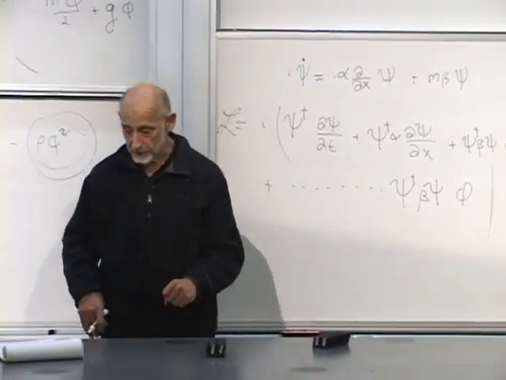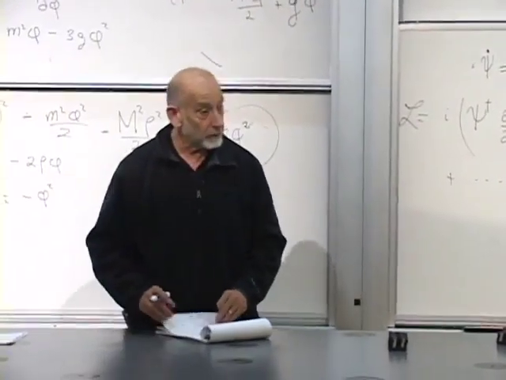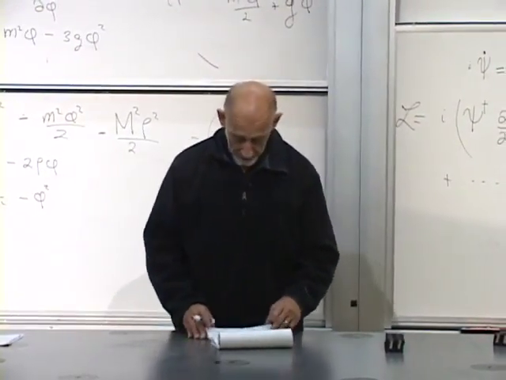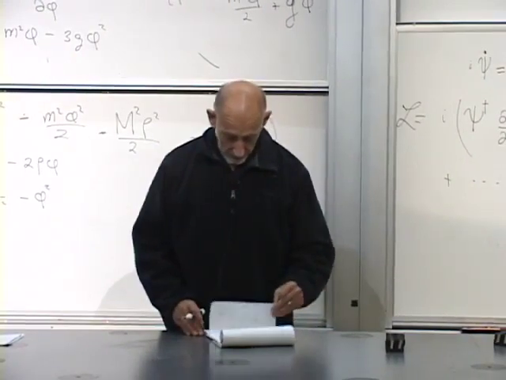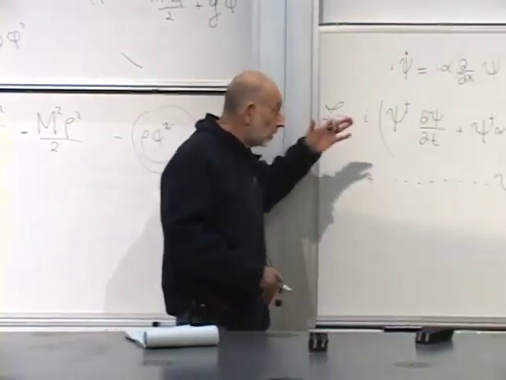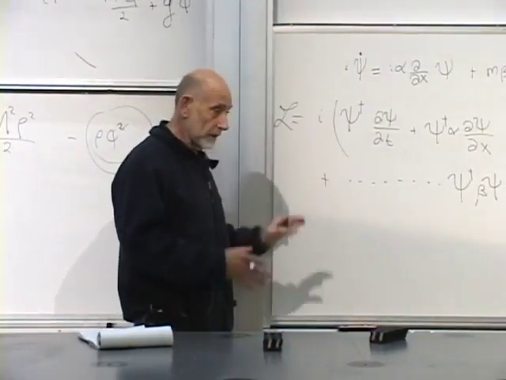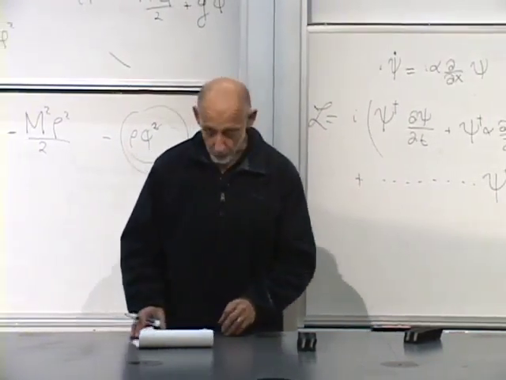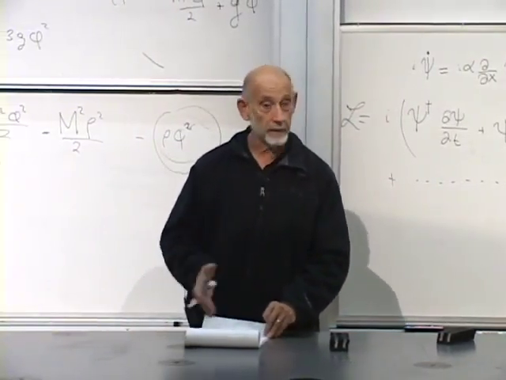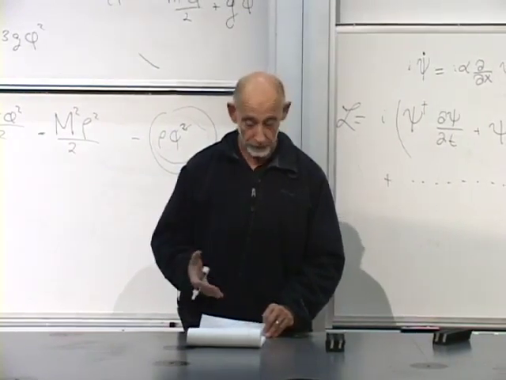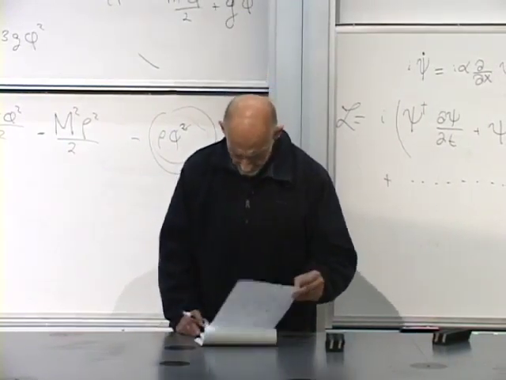So this is the way quantum field theories are expressed. They're codified by writing down a Lagrangian. The Lagrangian is the thing which in a very simple way expresses all of the content, all the dynamics, all of the interactions between these fields.